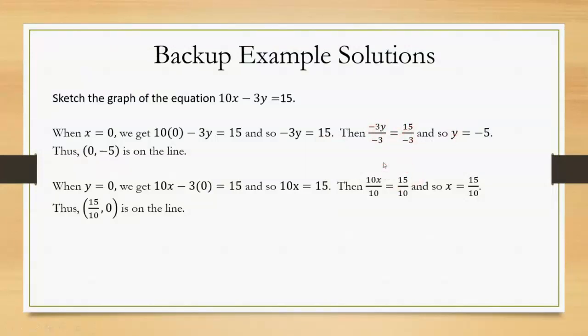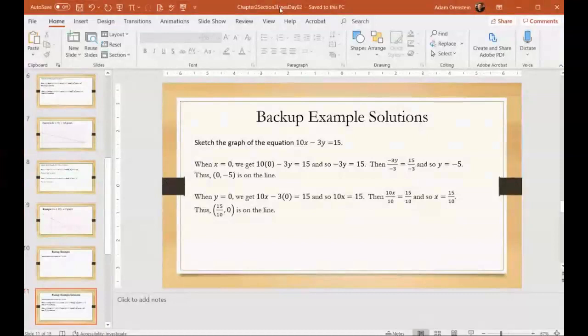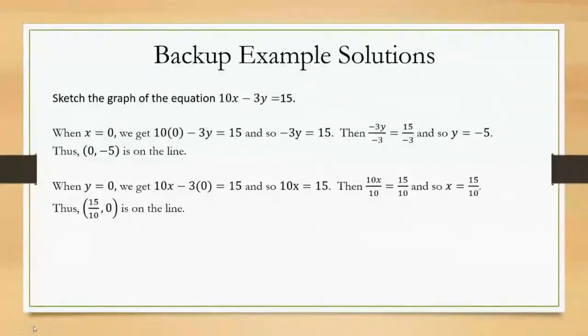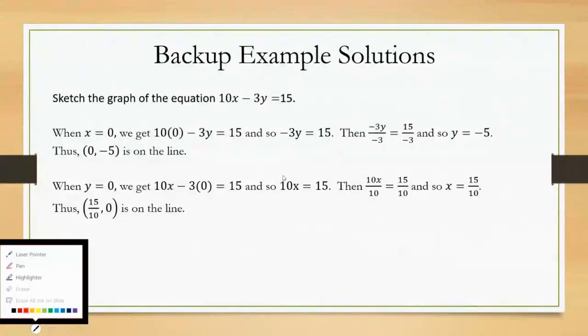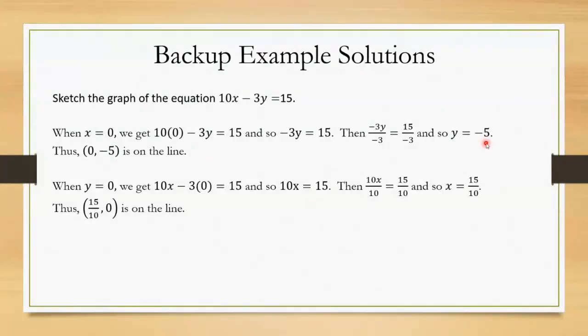That's what we're dividing both sides by. All right, well, doing so, we end up with y equal to -5. So we have a point on the line. And x is 0, y is -5.